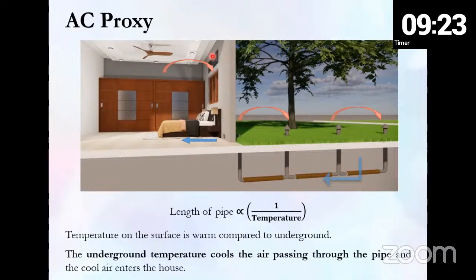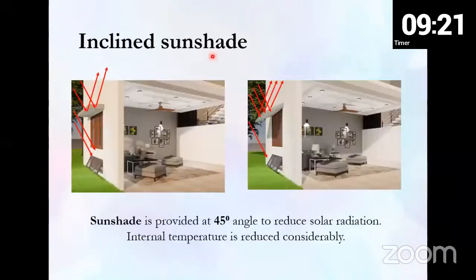Next category is light and heat. By using the inclined sunshade, horizontal to the walls, we are reducing the number of sun rays entering the house. By reducing the sun rays, we are reducing the heat entering the house.